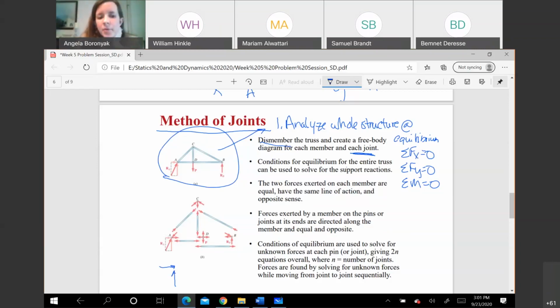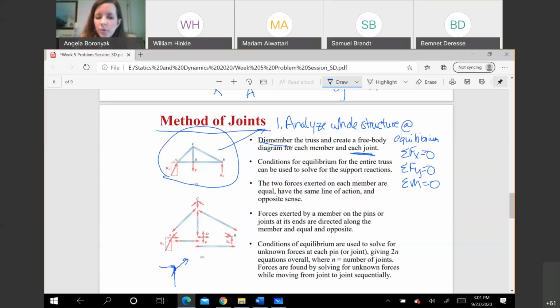But then how this member AC acts on it could either be pushing on it or pulling on it. I always draw my joints so that each member is pulling away, like we have been doing with cables. Remember, we assumed cables were always in tension, which meant they were always pulling away from their point of connection for a structure.